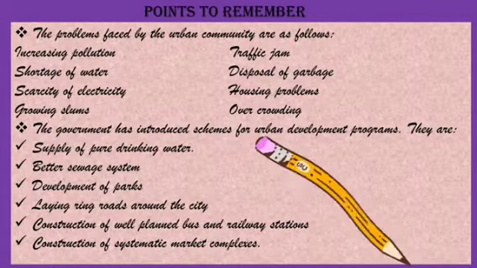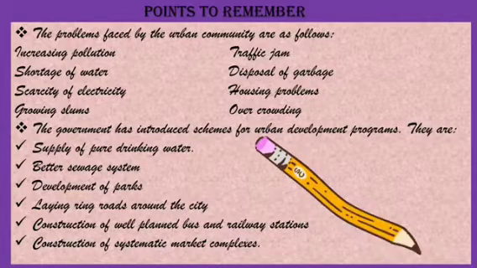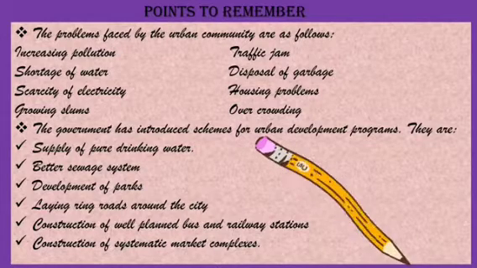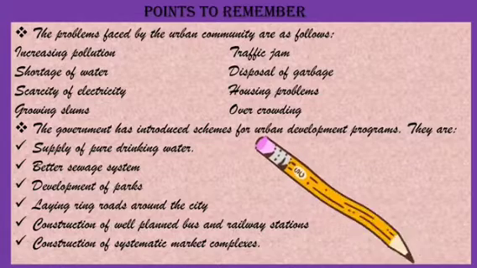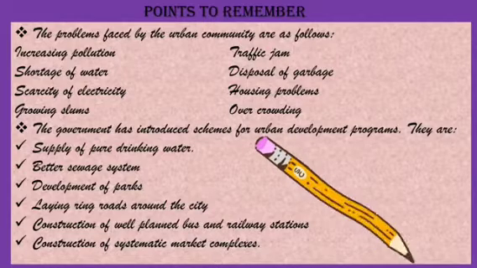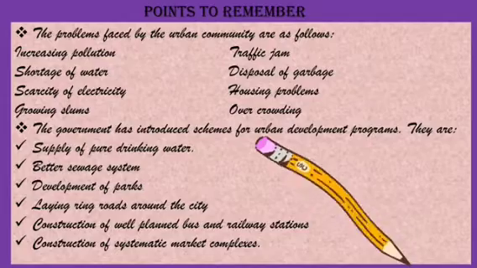The government has introduced schemes for urban development programs. They are supply of pure drinking water, better sewage system, development of parks, laying ring roads around the city, construction of well-planned bus and railway stations, construction of systematic market complexes.